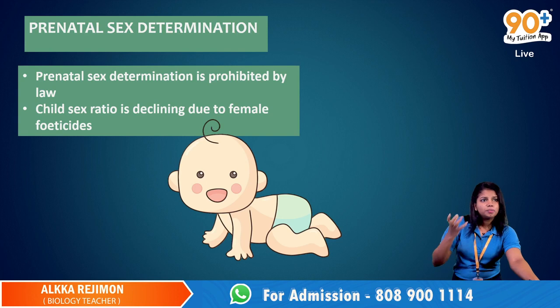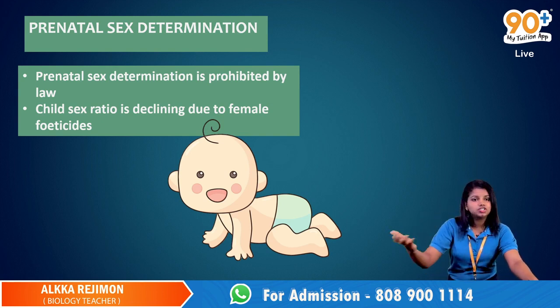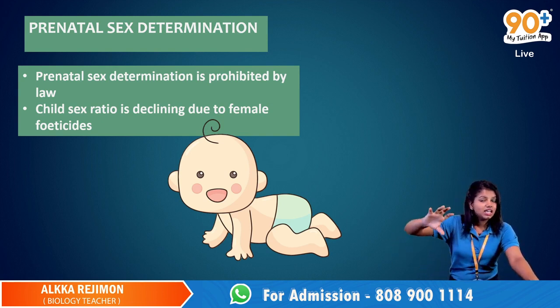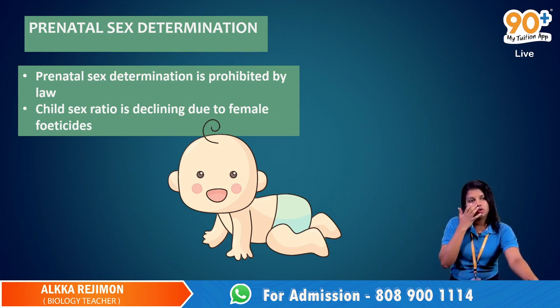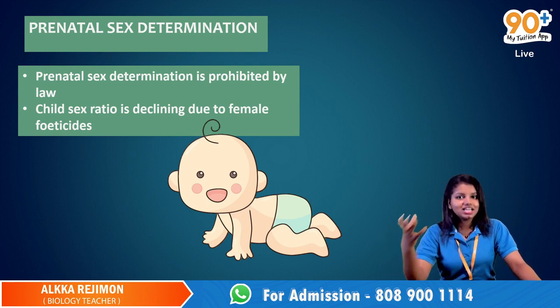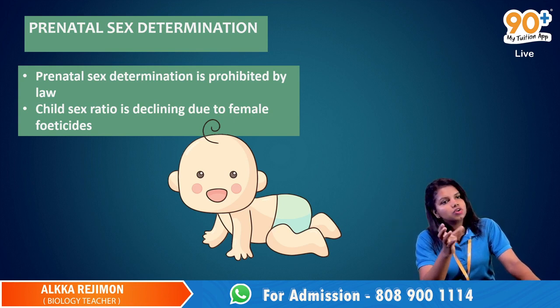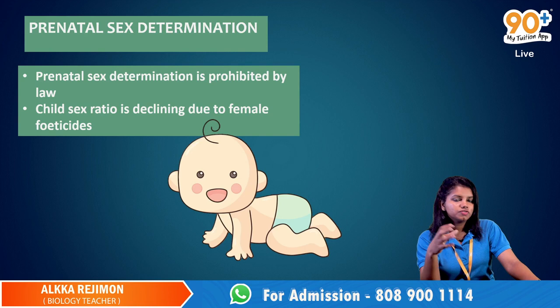The reason for prenatal sex determination being prohibited is that the census of the child sex ratio was found to be very sad. When we compare the boy to girl sex ratio, the girl ratio always goes down, and it is because of this high tendency for female feticides.